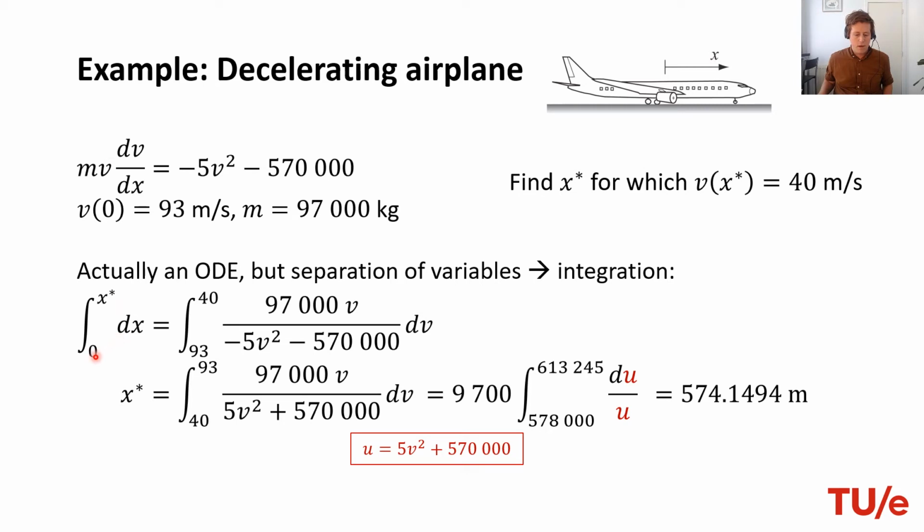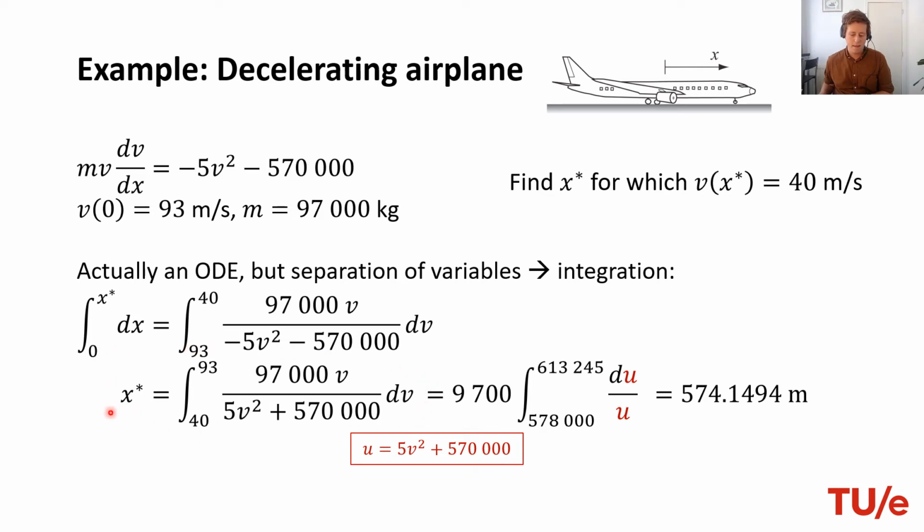Then if we integrate this dx from 0 to the desired x star, v at that point has to go from 93 to 40. So we apply integration on both sides, and it's not very important how we do this derivation. It's more of an example of how we can use such integrals for practical problems.